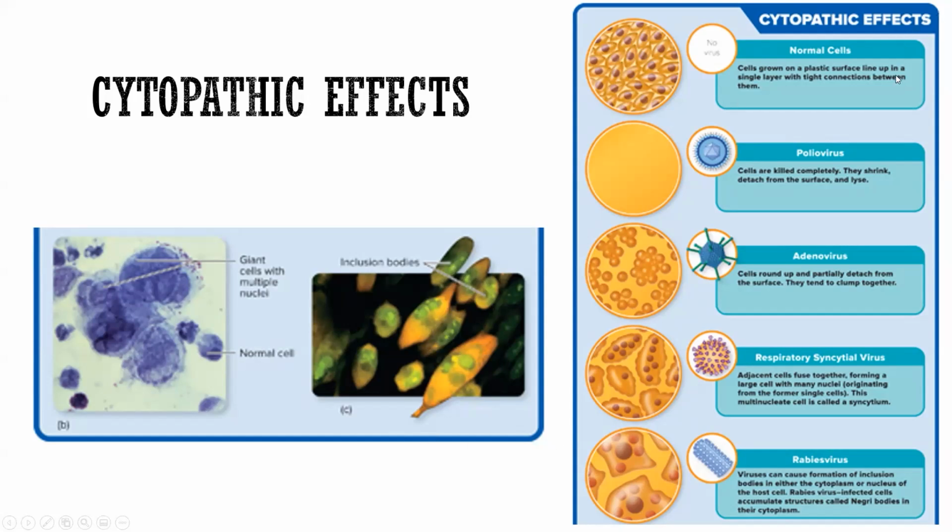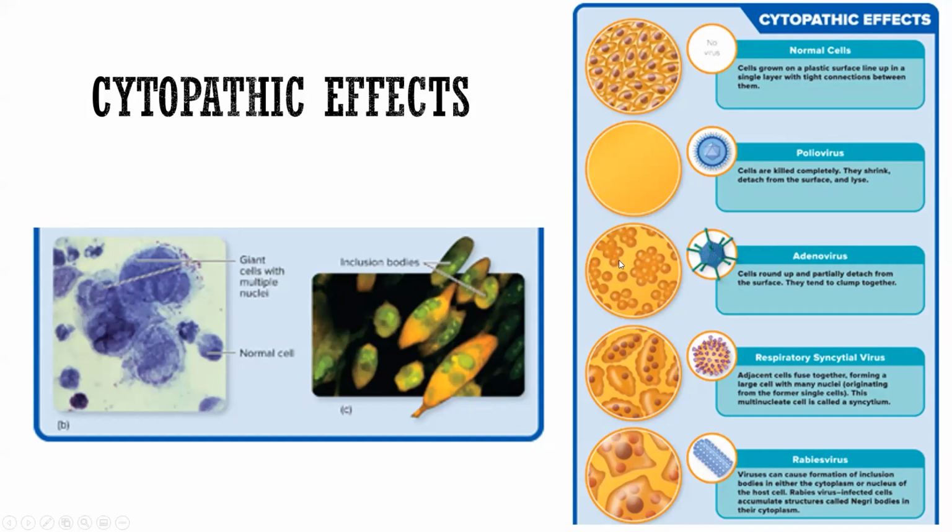And if we look over here in the cartoon, you see that there's a regular monolayer, if you're growing cells in a dish of host cells, and they look all happy, like with some connections, but not too much. But you can see if they're infected with poliovirus, oh, we completely killed them all. There's nothing on your dish of cells anymore.